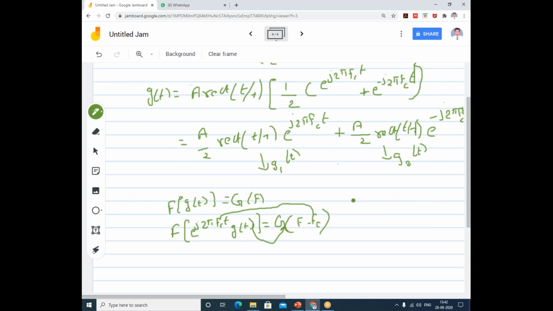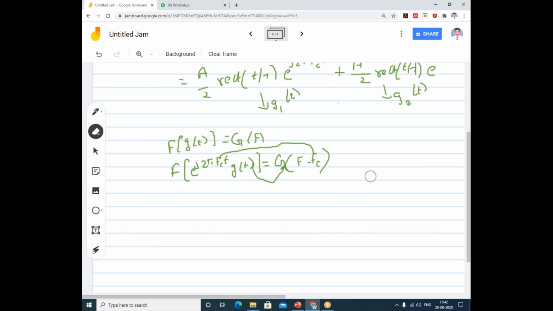Now observe it. We know from the fundamentals that the Fourier transform of A rect t by T is AT sinc of fT.